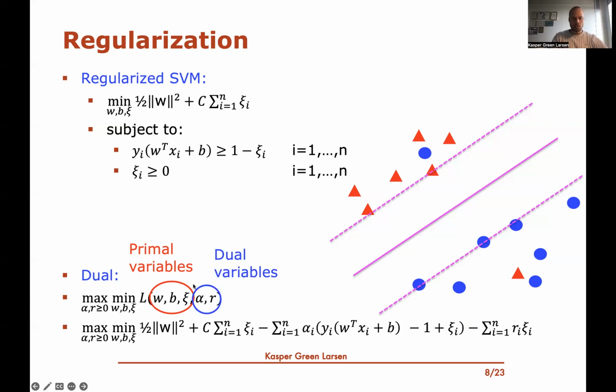And if we write out what this generalized Lagrangian is, it's the original objective function. So that's what we have here first. And then you sum over all the constraints when you write them in standard form. You take the Lagrange multiplier alpha i in one case and R i in another case and multiply it onto the function g_i. Remember, in standard form, the constraints g_i of the input variables should be less than or equal to 0.